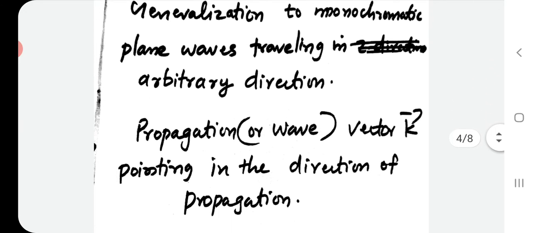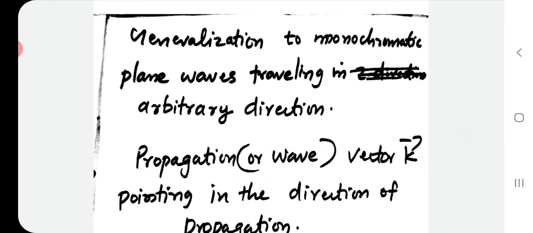Now this is a particular case, where we are considering the electromagnetic wave traveling in the z direction. Actually, we can generalize it to monochromatic plane waves traveling in an arbitrary direction.